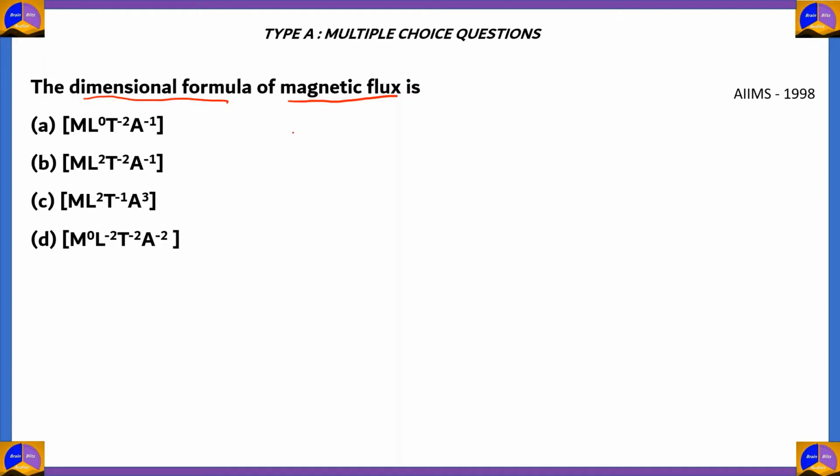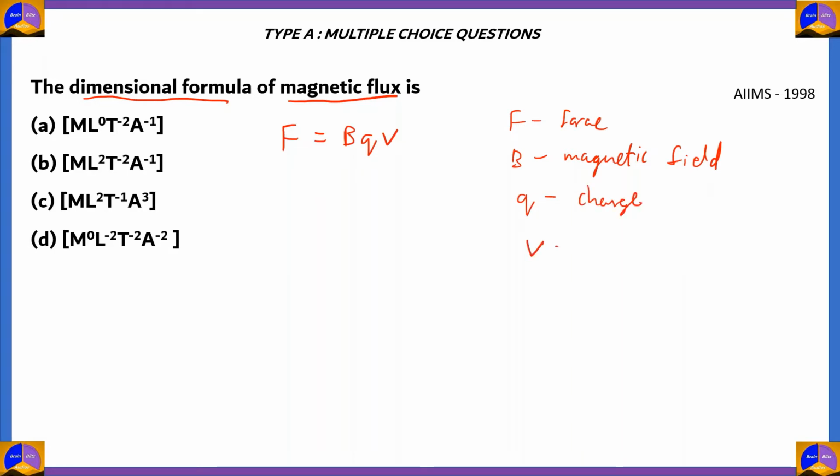So in order to calculate magnetic flux's dimensional formula, we'll use the formula force is equal to BQV, where F is force, B is magnetic field, Q is charge, and V is velocity.